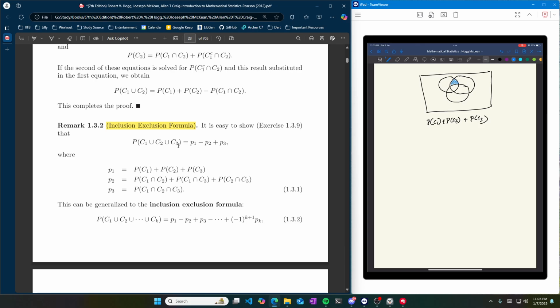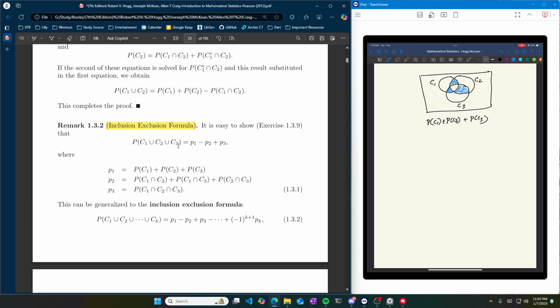Because of one coming from C1 and one from C2. Sorry, I'm just blabbering. Instead, let me write them. So it's C1, C2, C3. It's very understandable. Now we look into C1 and C2, this portion gets calculated twice, correct? Similarly, this portion also gets calculated twice. This portion also gets calculated twice.